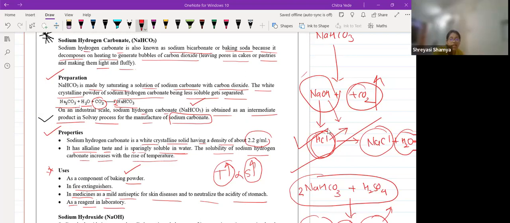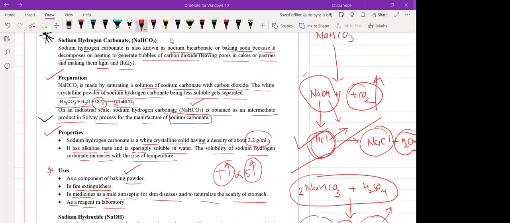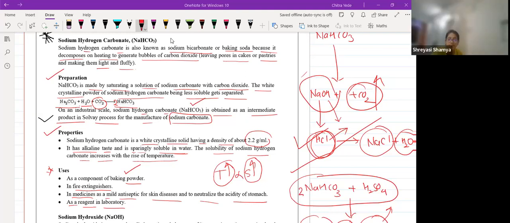Sir, can you explain what a reagent is? Reagent means in many chemical reactions, a medium is required in order to proceed the reaction in the forward direction. They are called reagents. Out of two or more reactants, one reactant can be used as the reagent.